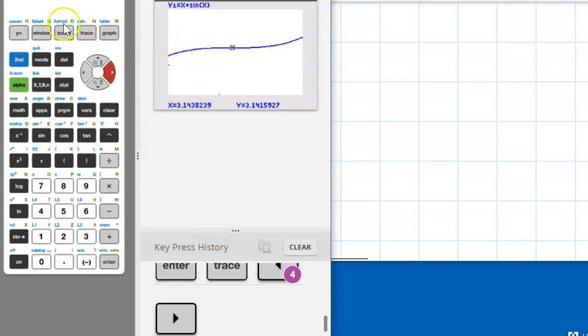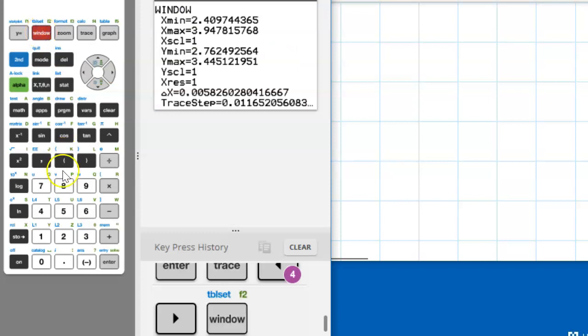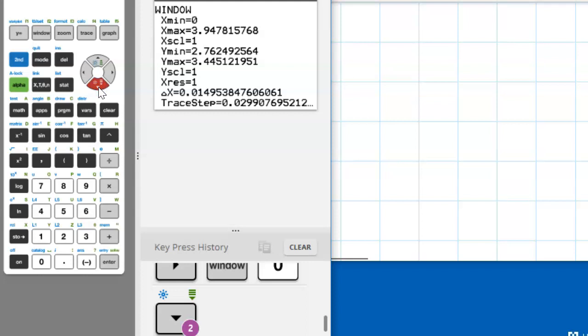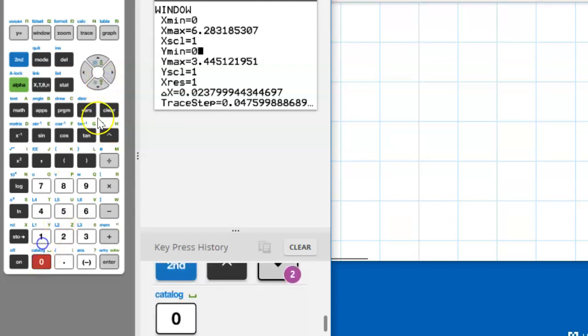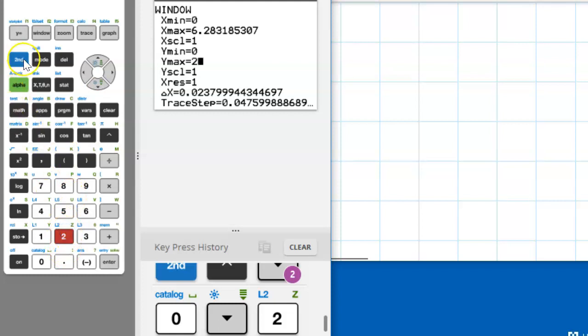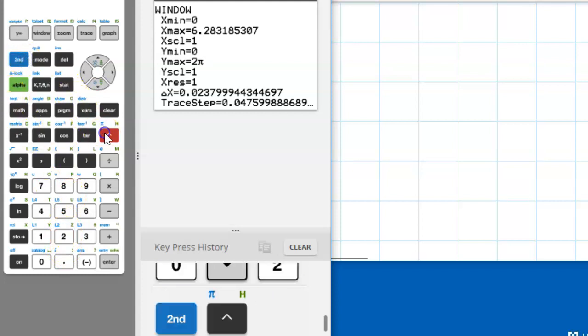And maybe I'll just pick a different window so we can see it a little bit better here. And here I'm picking 0 to 2 pi, 0 to 2 pi. So be a nice square window, although it is a rectangle.